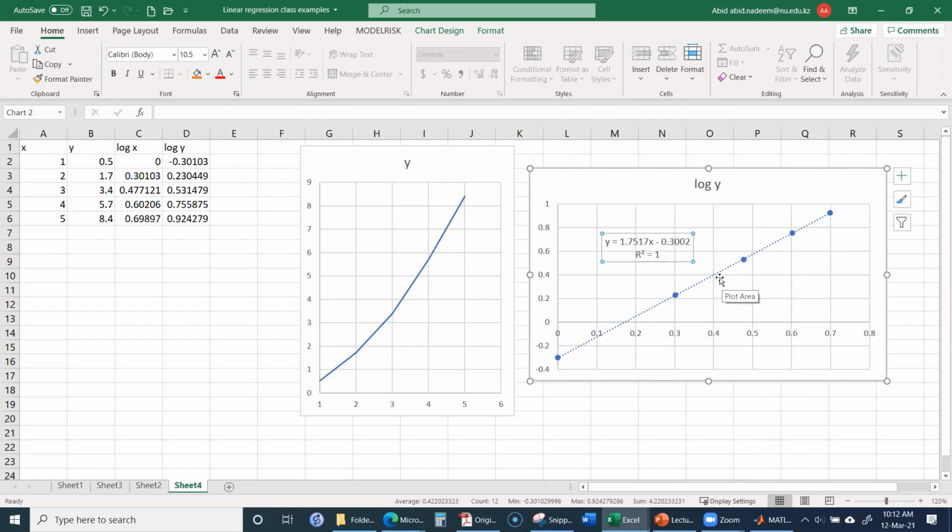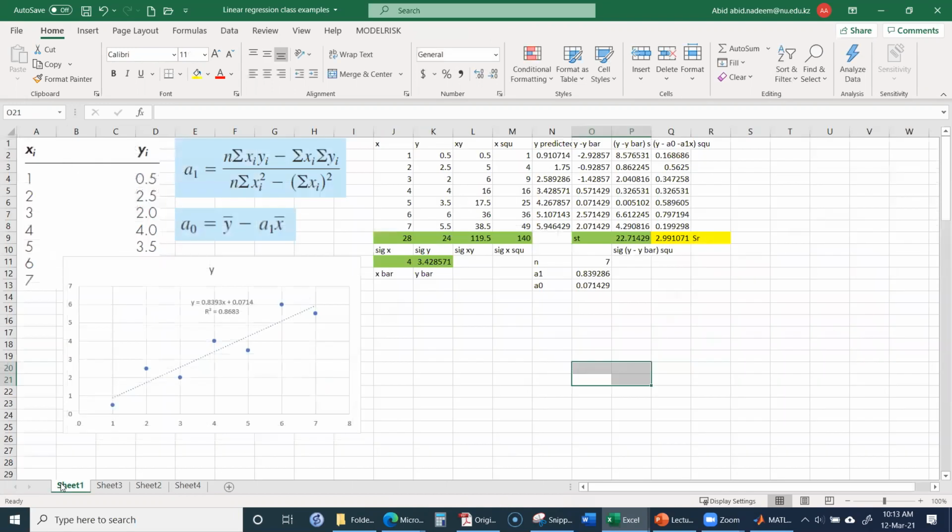Of course, here we have used Excel directly to find these values of A0 and A1. But if we don't use it, then we have to adopt the same procedure which we have done before, okay, in example 7, the first example. So we calculated the xy values.